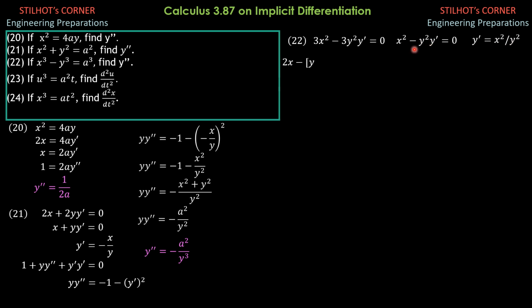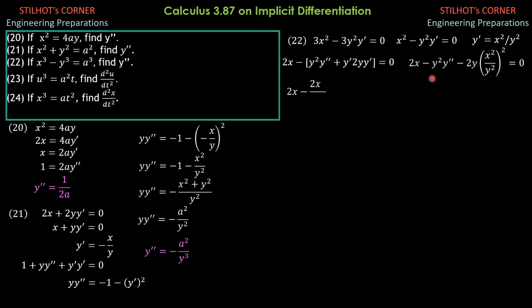2x minus, first y squared, derivative y prime y double prime, plus y prime times derivative of y squared, which is 2y y prime, then equals derivative of 0, which is 0. Distributing, 2x minus y squared y double prime minus 2y y prime squared. So this is negative 2y times y prime squared, and y prime is x squared over y squared, quantity squared, equals 0.